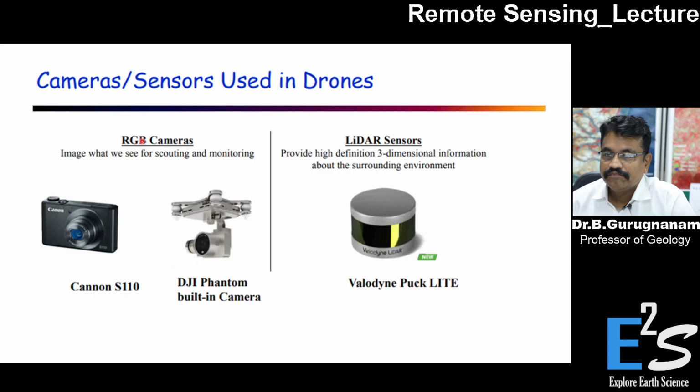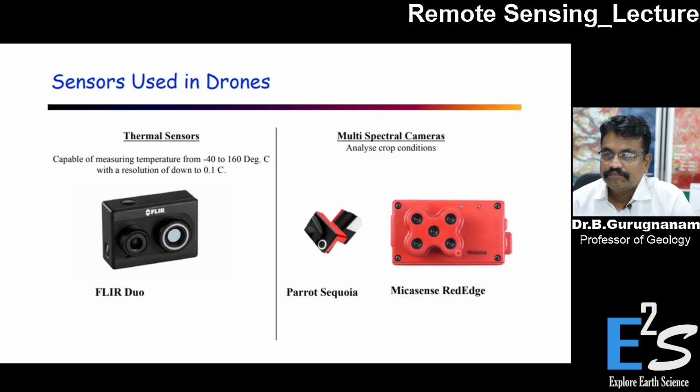What are the different cameras and sensors used in drones? RGB cameras capture images as we see them, for shooting and monitoring, like this Canon or the built-in camera. Or we also use LIDAR, light detection and ranging, which provides high definition 3-dimensional information about the surrounding environment.